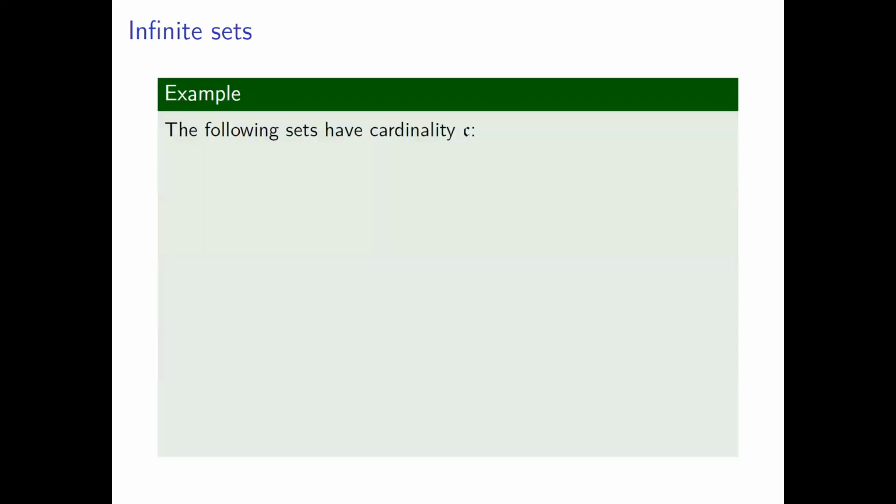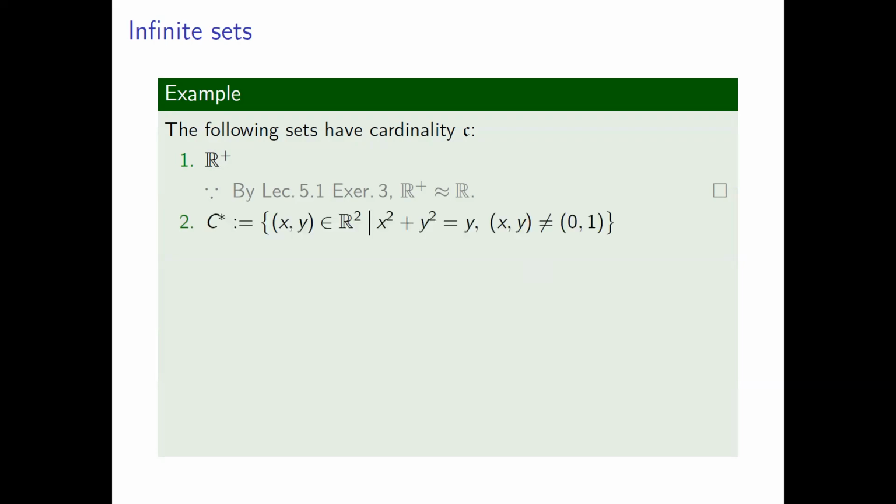Here are some other sets that also have cardinality C. The set of positive real numbers. This follows from lecture 5.1 exercise 3, which claims that the set of positive real numbers is numerically equivalent to the set of all real numbers. The set C star of all points on the circle x squared plus y squared equals y, except for the point (0, 1).